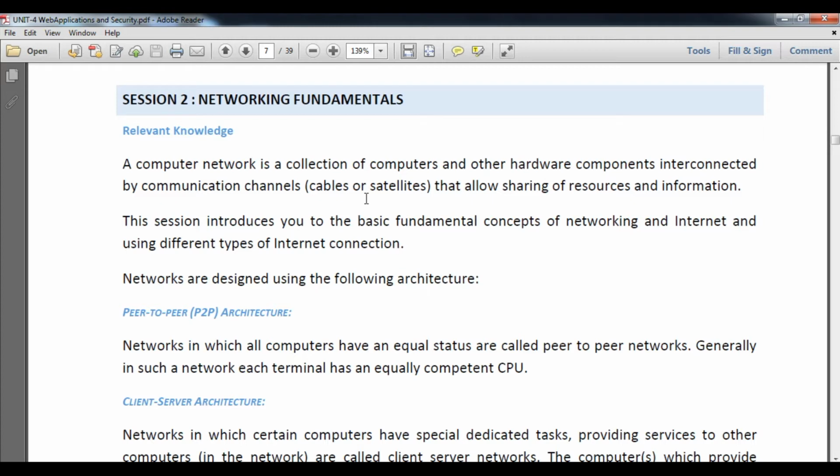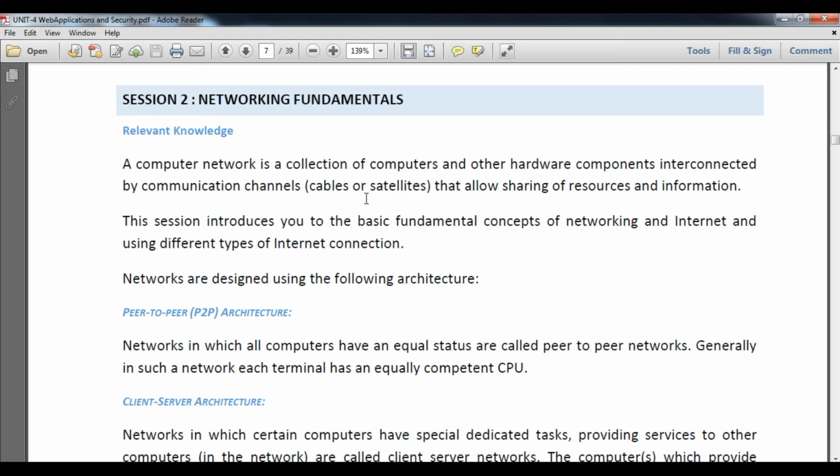Students, a network is a group of computers, or we can say a collection of two or more computers which are interconnected to each other. Other hardware is possible also, like networking components and terminals.